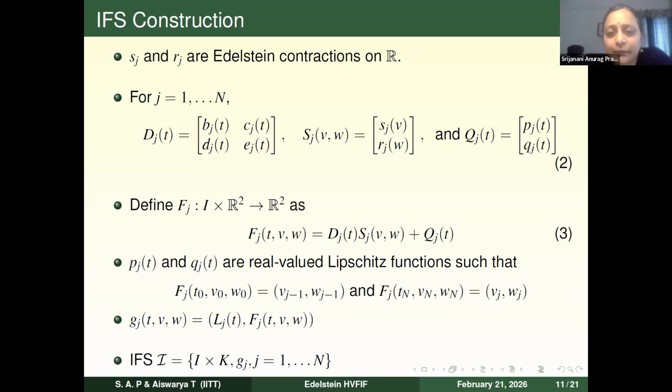The last array or matrix Q_j of t has two functions, P_j and Q_j of t. These are real valued Lipschitz functions.